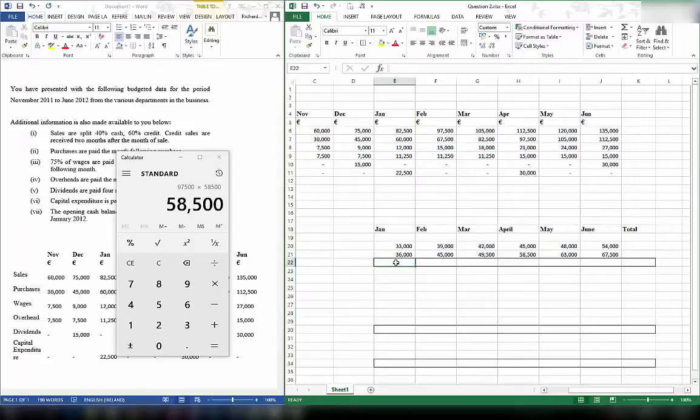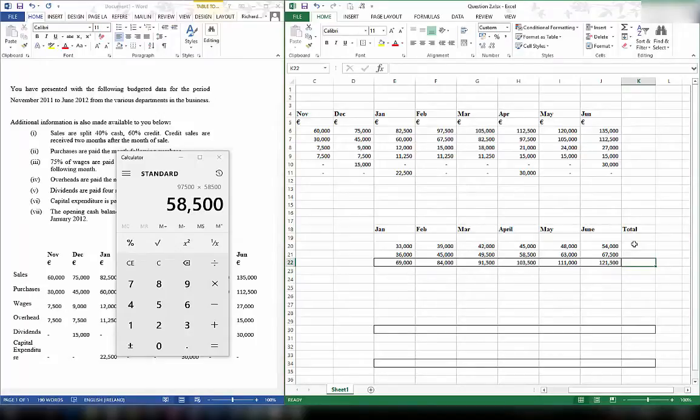And we can total these off then. Total them off: 69,000, 84,000, 91,500, 103,500, 111,000, 121,500.